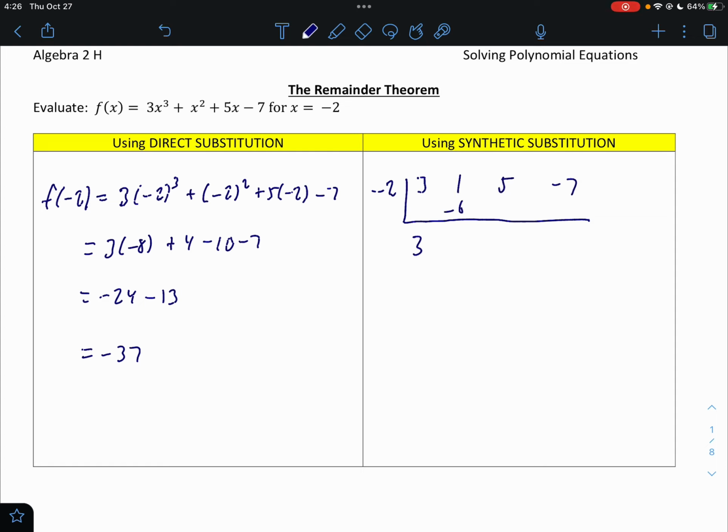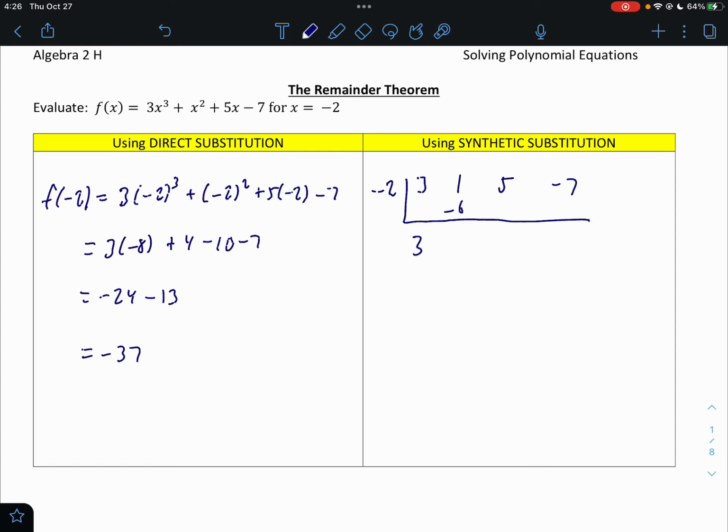So both of these are going to tell us that f of -2 is -37. So instead of actually substituting the number into x, we can use synthetic division, and our remainder would be our answer.